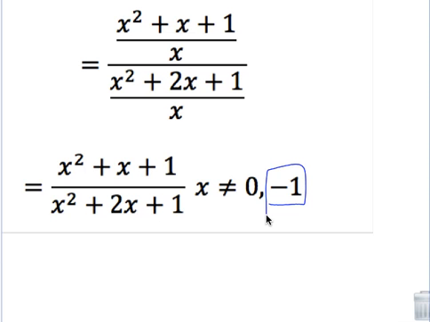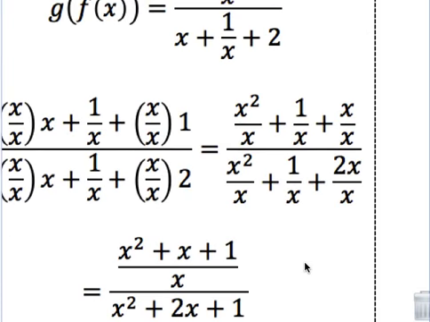Because if we had -1, this would become 1 plus -2 plus 1, which would give me a 0 in the denominator. So according to the composite function, x cannot equal -1.